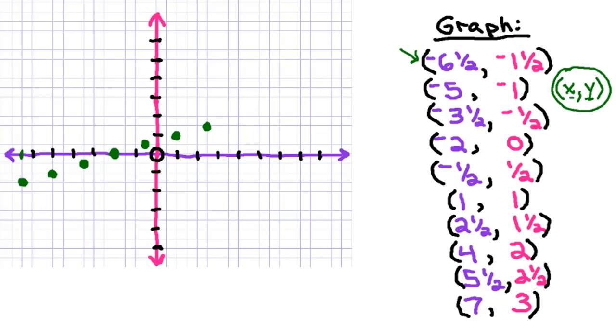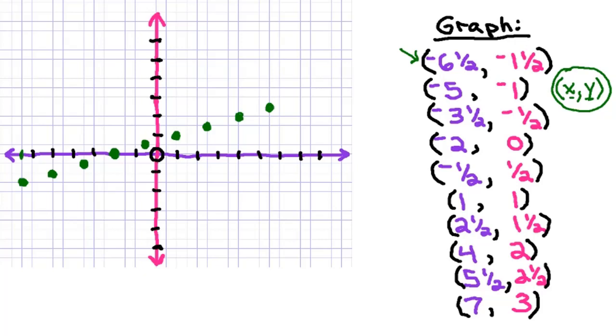So 4 is your x value, so you're going to count to the right 4 notches, and then you're going to count up 2 notches. So that's going to be right there. And your next set of coordinates is 5.5 and 2.5. So you're going to count over to the right 5.5, and then you're going to count up 2.5, which would be right there.